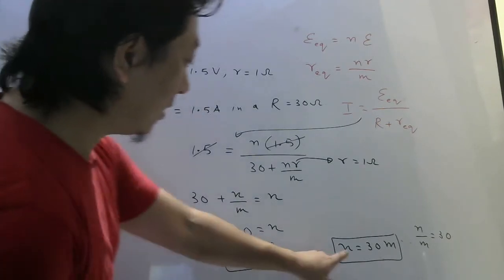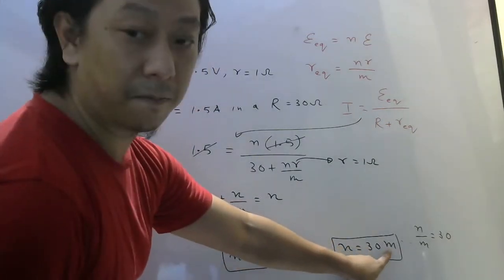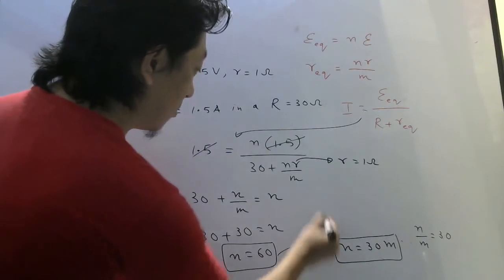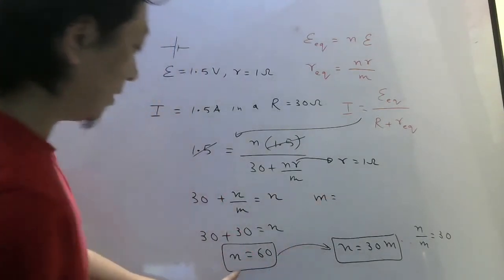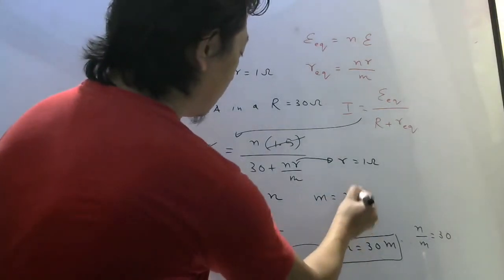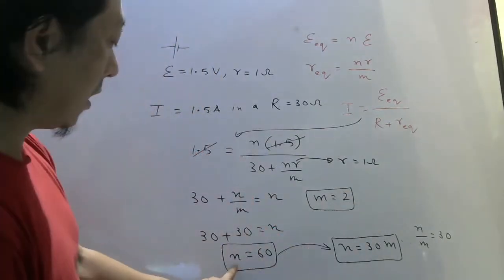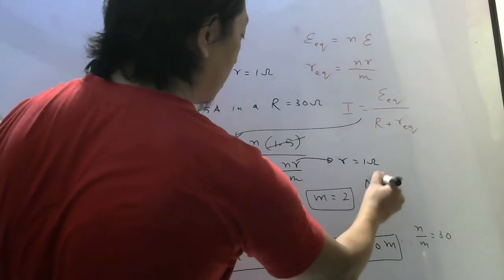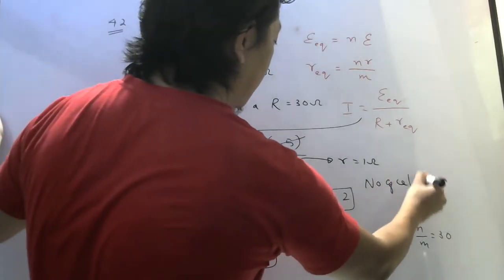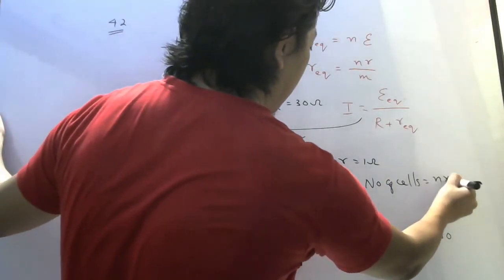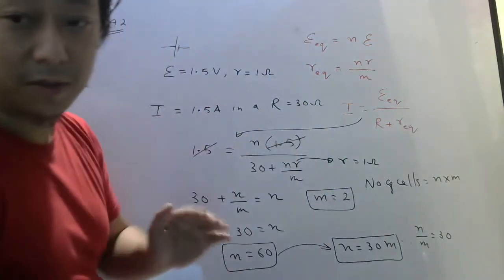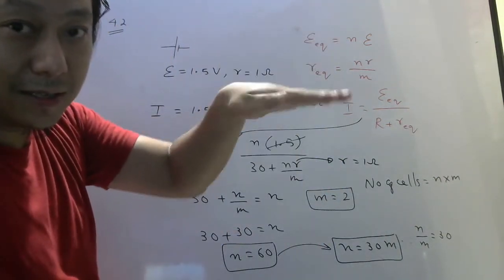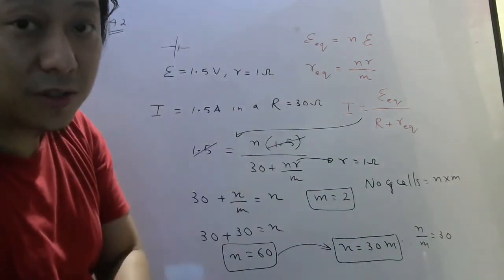If N is 60, what will be M? Put 60 here. So M will be 60 divided by 30, that will be 2. So I got N equal to 60, M equal to 2. The number of cells will be equal to N into M, because there are N cells in each row and M rows.